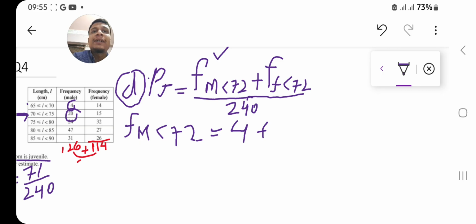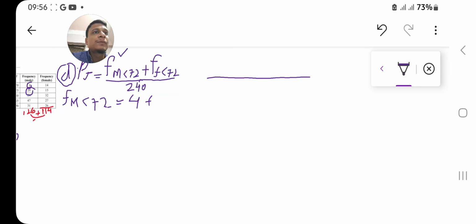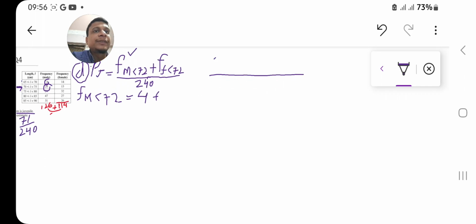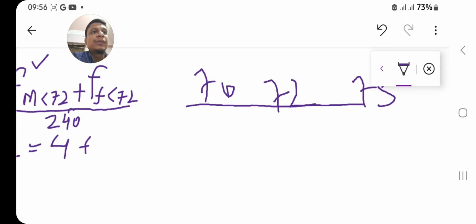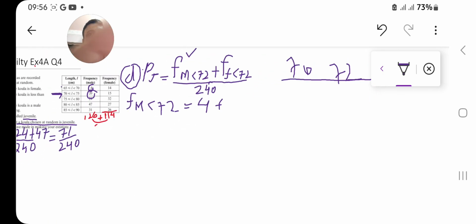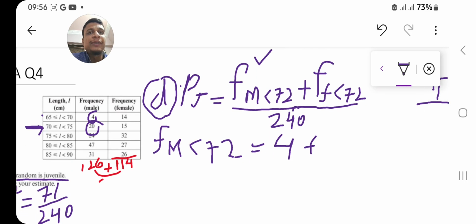I will take the help of interpolation, just see. The interval is between 70 and 75, and in between we have 72. So we will use the interpolation method. We know that for 70 to 75 it is 20.